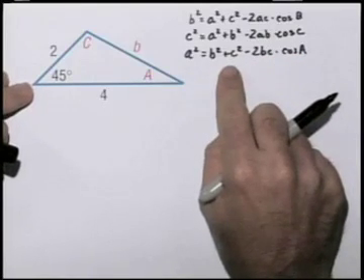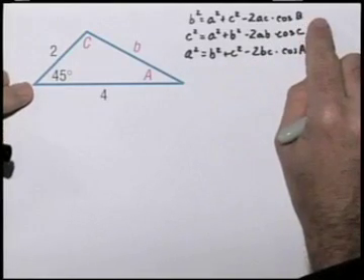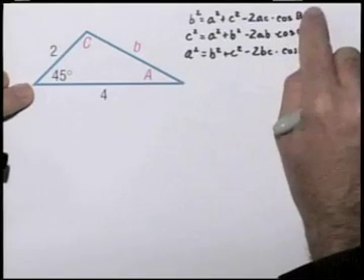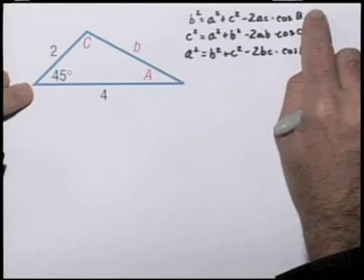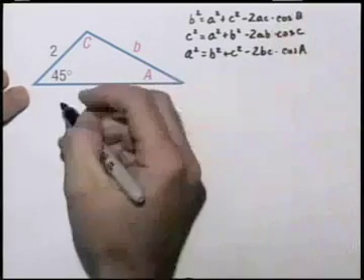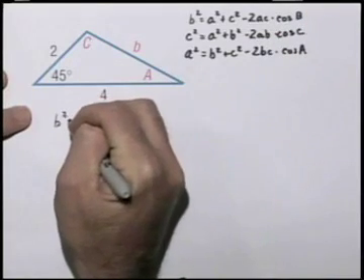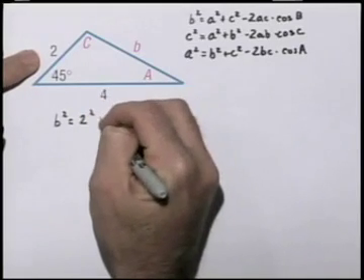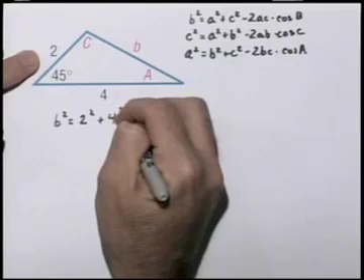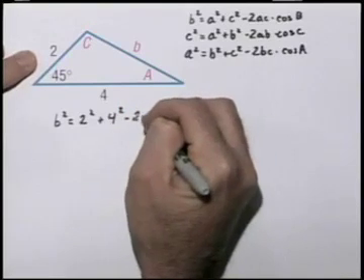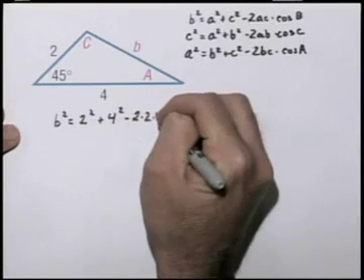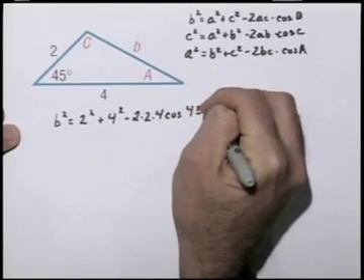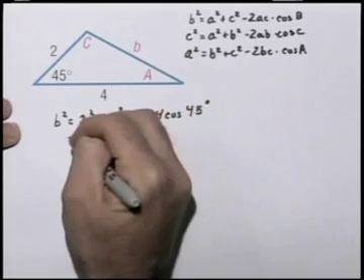Now what we're going to do is use this formula, the law of cosines, to find the length b. We're going to use the top form of the law of cosines to do this. We're going to get that b squared equals a squared, which is 2, plus c squared, which is 4, minus 2 times a times c times the cosine of 45 degrees.